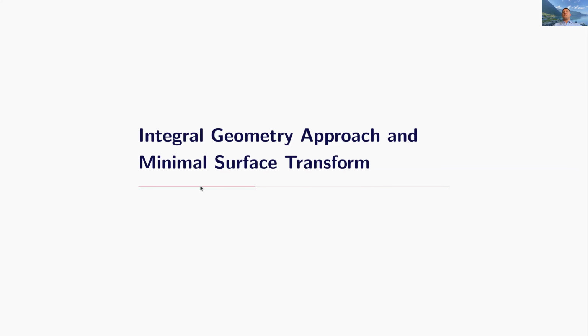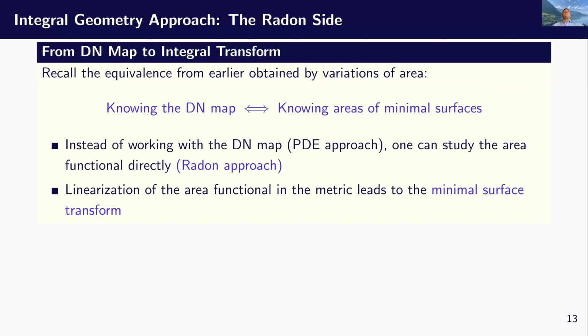Okay, so those were based on, apart from maybe Jared's paper, analyzing the DN map of the minimal surface equation. So let's then go to this new approach, the integral geometry approach, and how we get to this minimal surface transform. Recall from the earlier slides where we did this calculus of variations.